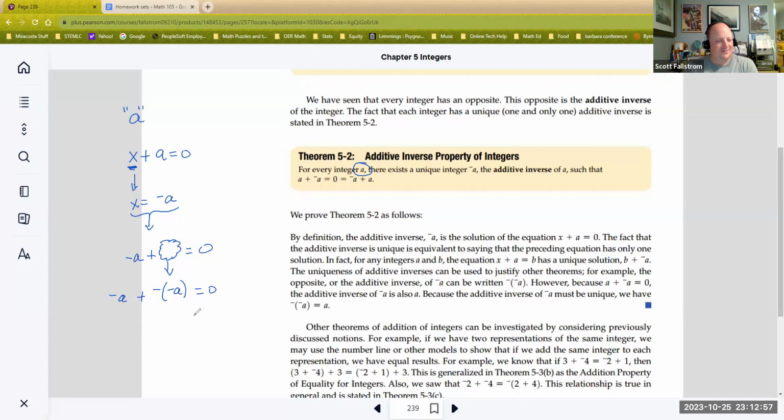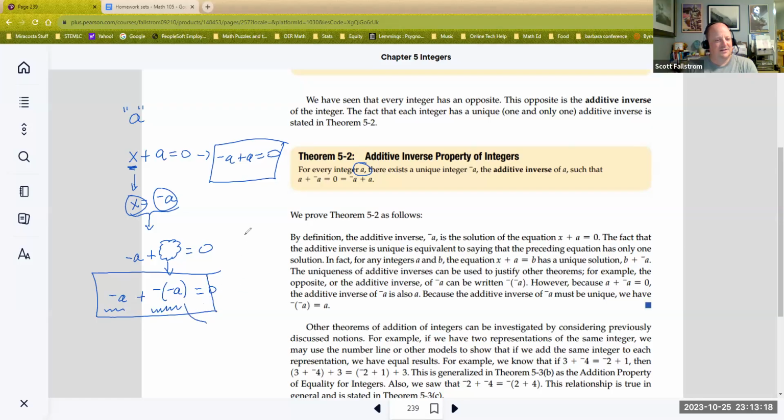Okay, so now this is where things get a little bit interesting, because initially x was equal to the opposite of a, which would have told us that the opposite of a plus a gives me 0. But down here at the bottom, I have opposite of a plus another object, and that equals 0.